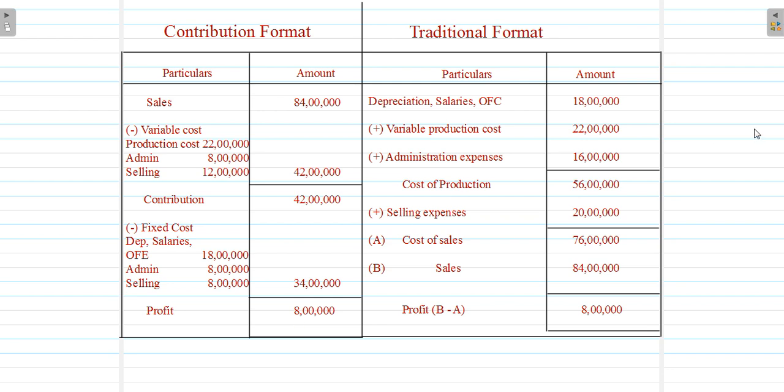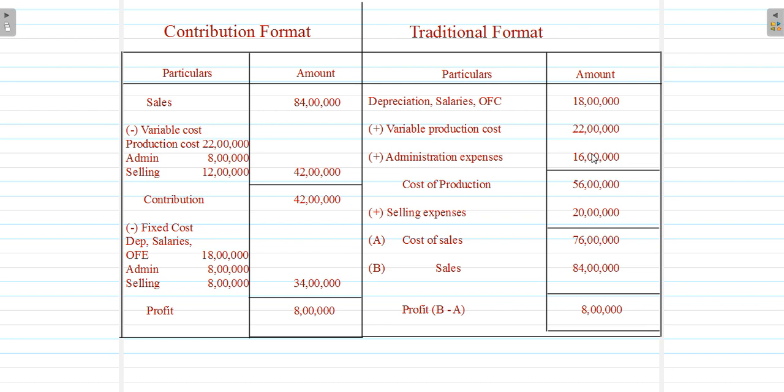Traditionally, we will determine the cost of sales, cost of production, and deduct it from the sales value to determine the profit. So cost of production, inclusive of all the costs of producing a product, will be added together.